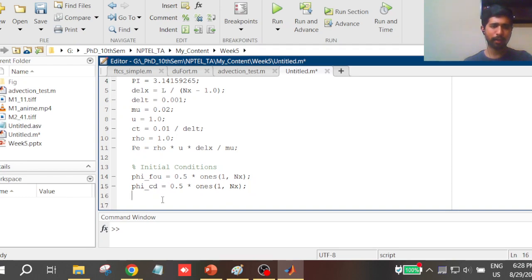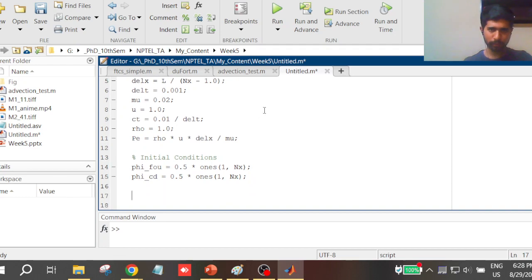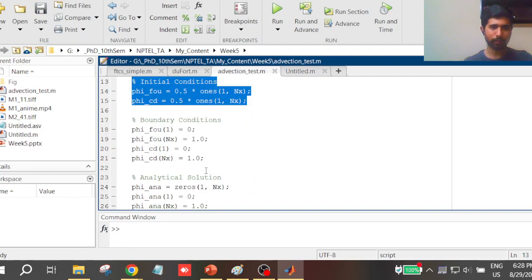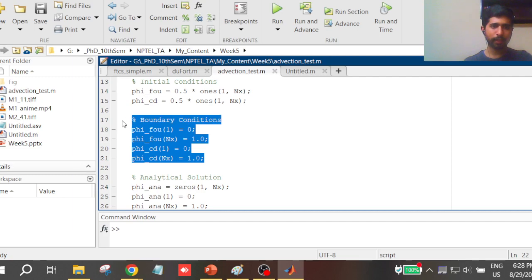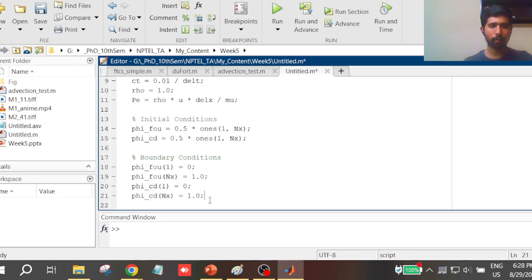I will also add more quickly, but first let us see FOU and central difference. Now after doing the initial conditions we have to put the boundary conditions also. As I said, at x equal to 0 it is 0, and at x equal to 1, which corresponds to the grid point nx, the last grid point, the value is 1. So 0 to 1 it is varying.